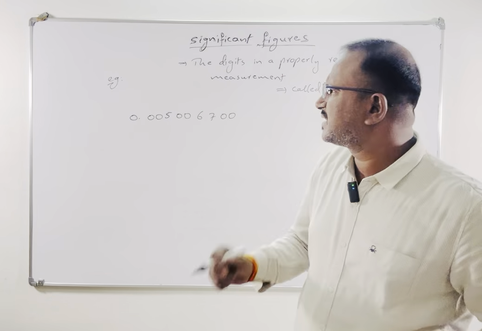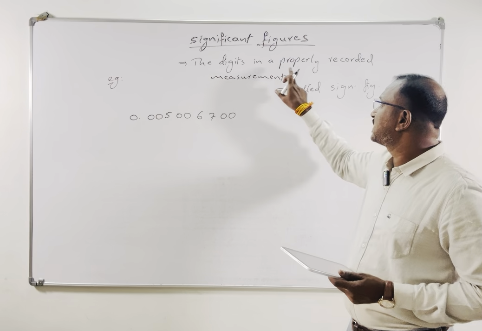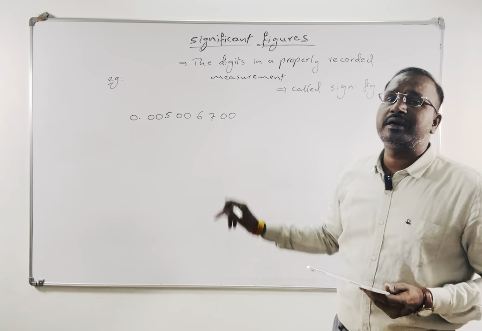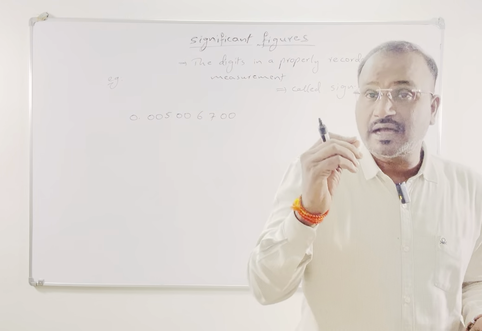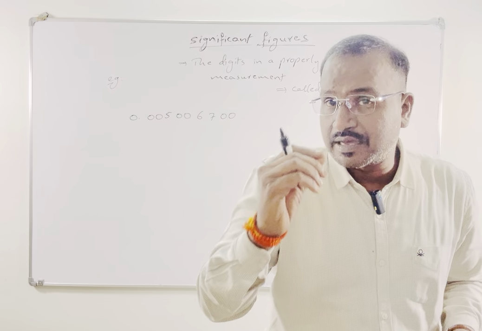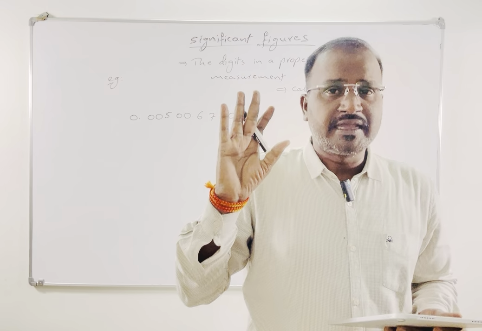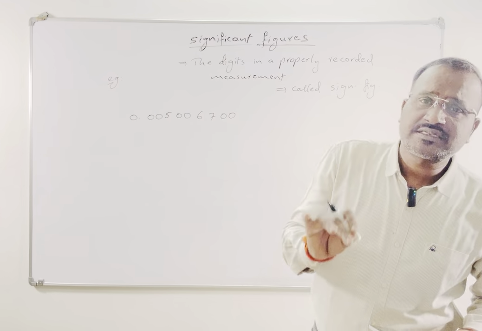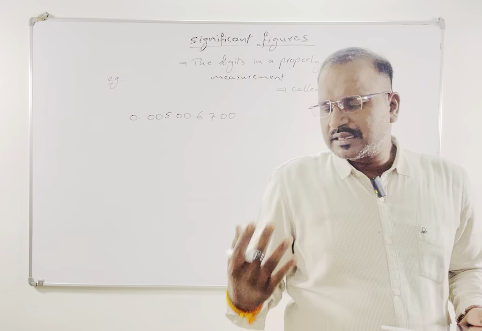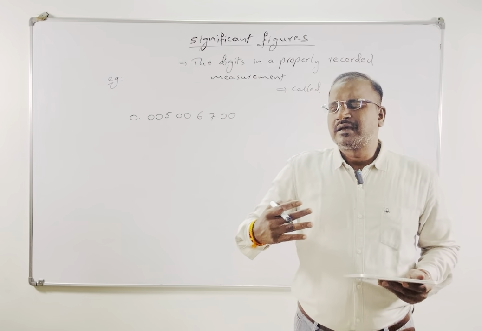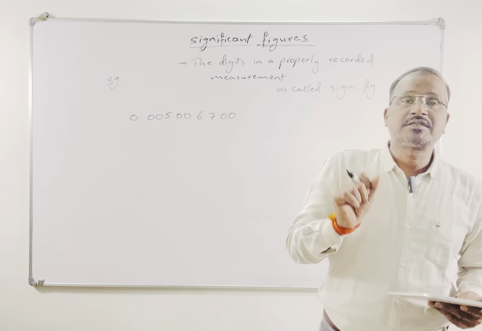Significant figures means the digits in a properly regarded measurement. Simply we can say the digits which have a remarkable value are used for experimental measurements, and some digits are not required for experimental measurements.